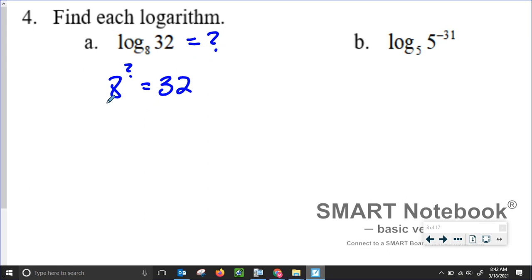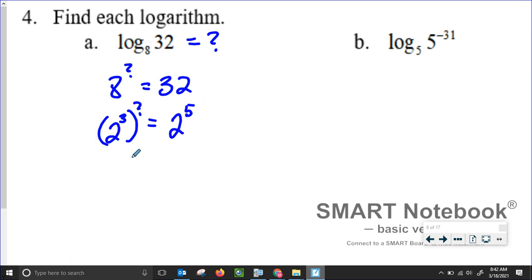But a lot of people get stuck here. We can actually just think of it like the very first problems we worked on, the same base equations. So I can rewrite 8 as 2 cubed, and I can rewrite 32 as 2 to the 5th.